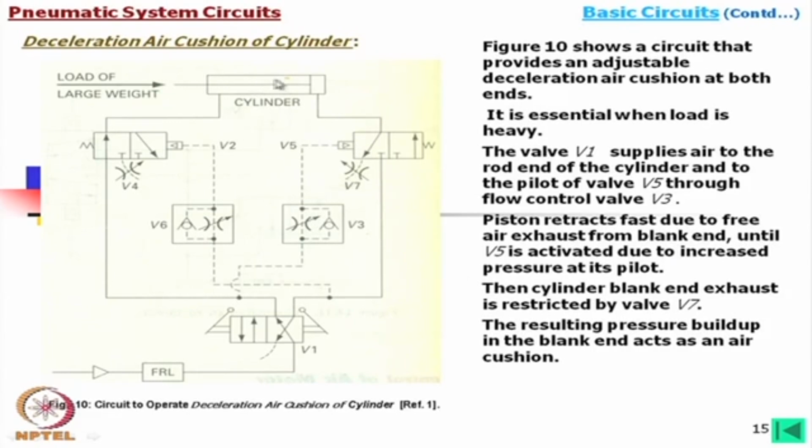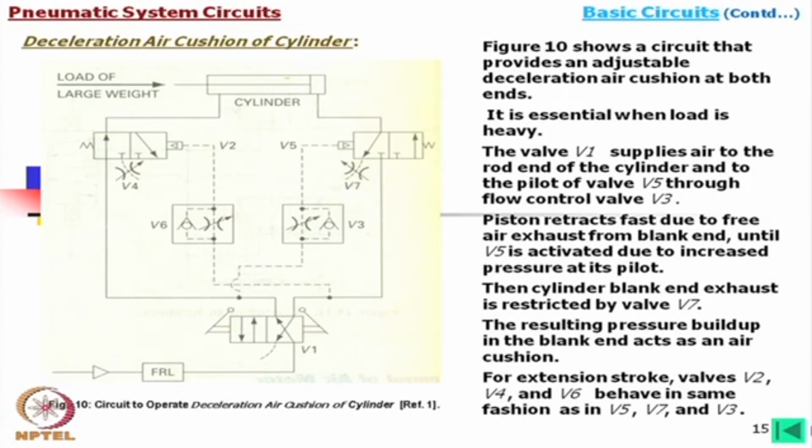This pressure increases due to this restriction, and when this actuates, V7 becomes activated, and due to that the air flow will be restricted and there will be a cushioning effect. The same is achieved when it is moving from the other side also.